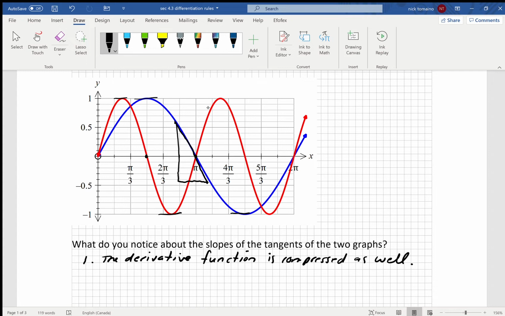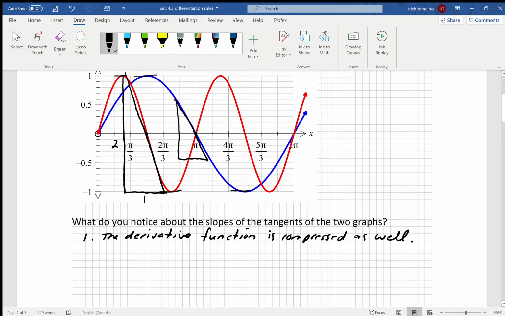It's going to look something like this. Now if we draw our right triangle, come down and go across, the height of it is 2, from 1 to -1 is 2, and then from there to there is approximately 1. So the slope of the tangent at the steepest point is equal to 2.